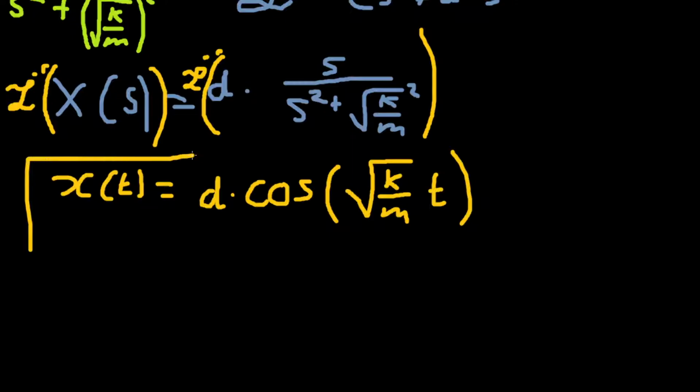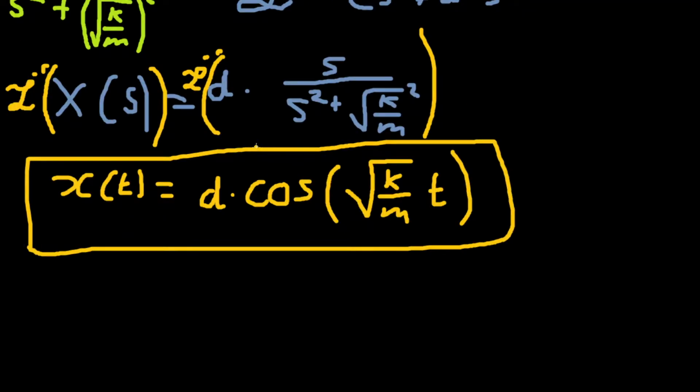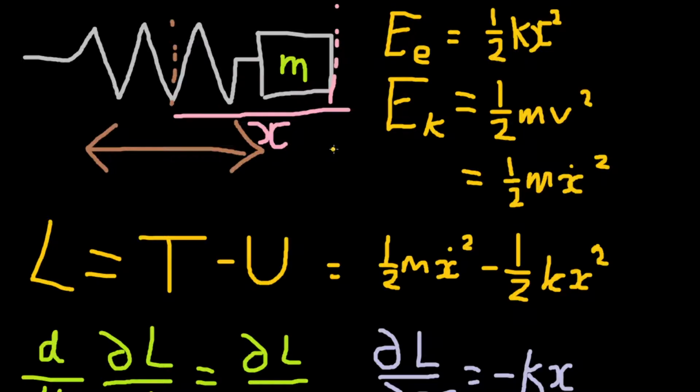This is our explicit expression of x at any given point. And note that when t is 0, the cosine simplifies to just 1, so x is d, which makes sense, because at the initial point in time, this is d units away from the rest point.